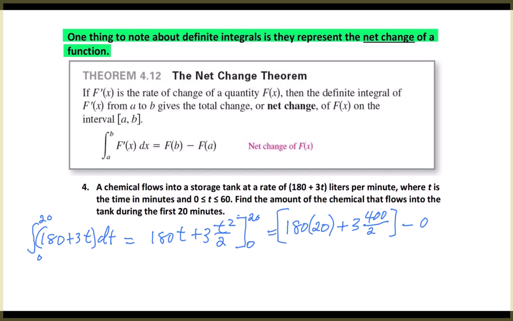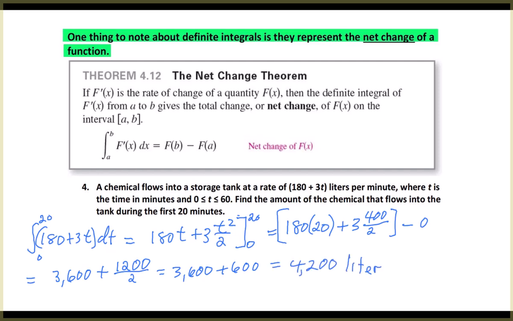That's why I've got a 0 out here on the right. So now I'm just multiplying. 3,600 plus 600. If I plugged a 0 into 180t, I'd get 0. If I plug a 0 into 3t squared, 0. So I've got a net change of 4,200 liters.